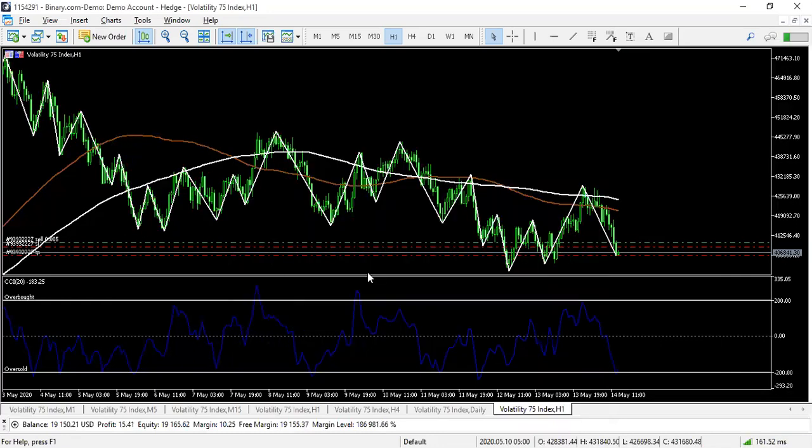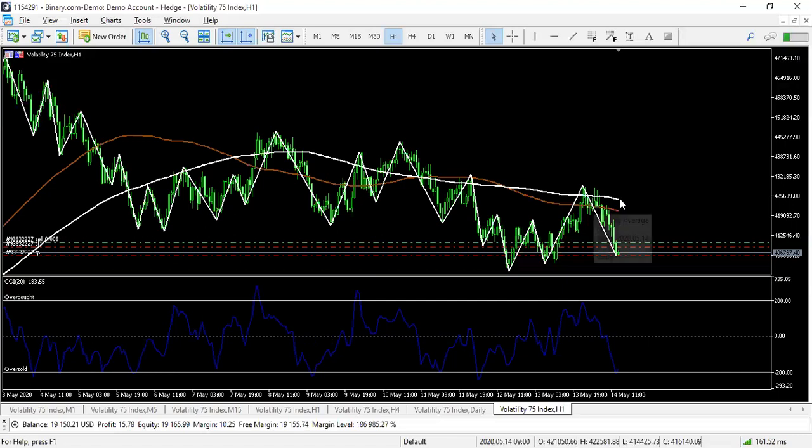So here's the trick. When you open your charts on every particular day, you want to check your 1 hour time frame. There are two things basically we are checking on the 1 hour time frame. The first thing you want to check are the candles below or above the brown and the white lines.